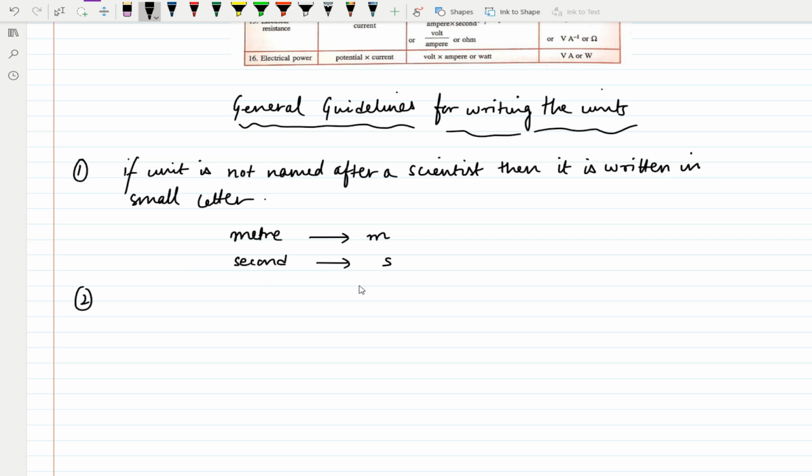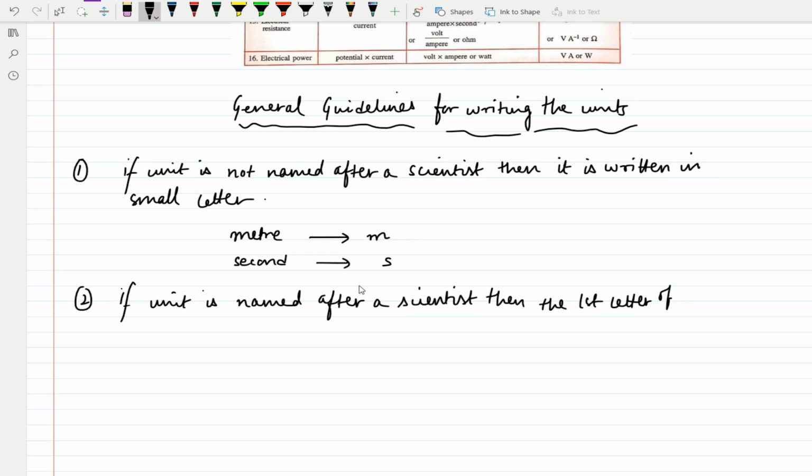The second guideline says if a unit is named after a scientist, then the first letter of his name is written in capital.